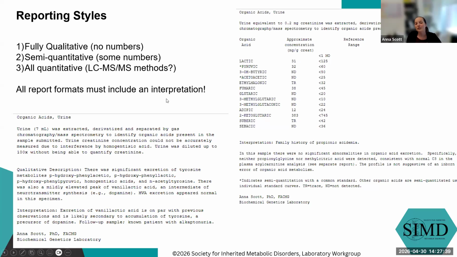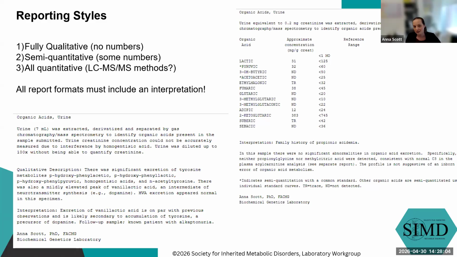I think some labs, particularly ones that are using tandem mass spectrometry, are leaning more towards fully quantitative. Again, there's no way they've got heavy isotope version internal standards for every single possible metabolite they can detect in their methodology. But LCMS, tandem mass spec, will be more accurate in terms of a quantitation.